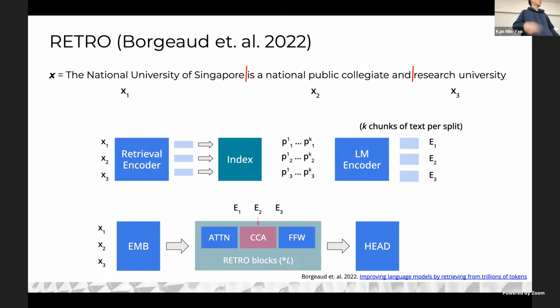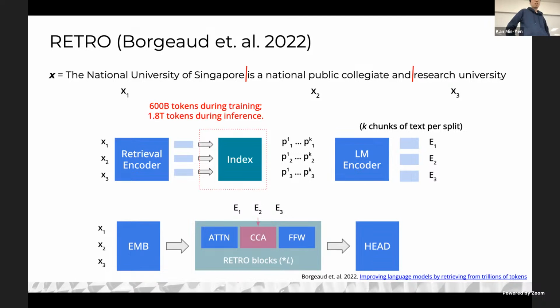If you want to compare and contrast, previously we have seen retrieval-based models that put the retrieved text as part of the input. But here we take the retrieved information in the middle, towards the intermediate layers.